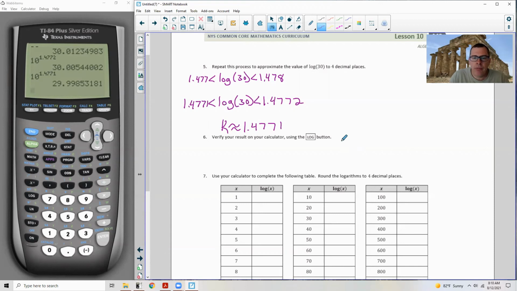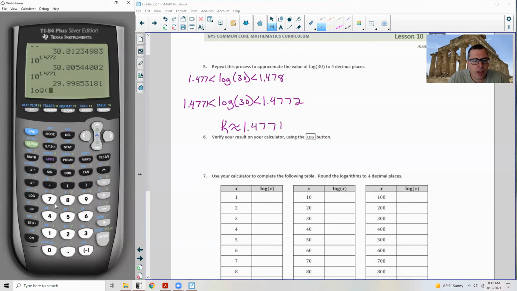Okay. Now number 6 says to verify your result on your calculator using the log button. So if you look here, right next to the 7 is the word log. So instead of trying to approximate this, if you have a graphing calculator, I'm familiar with the Texas Instruments one. I guess the Inspire is probably even better, but I have not used that yet. I haven't learned that.